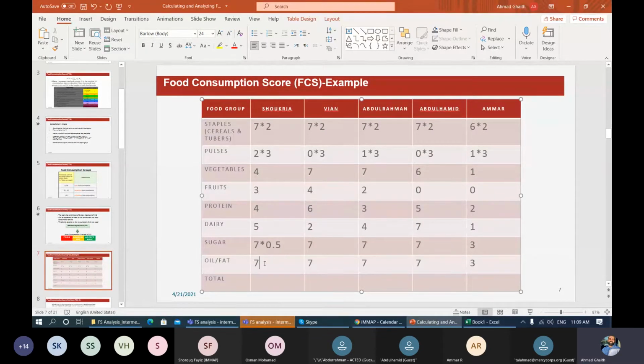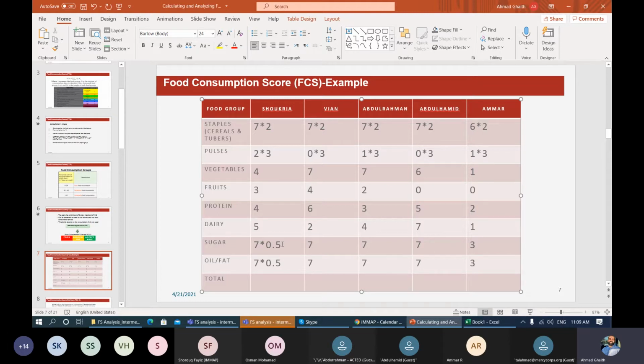So if you were to eat, 7 days of sugar and oil consumption is fairly easily achieved. I mean, now it's Ramadan and I'm ordering taif and all kinds of desserts now.